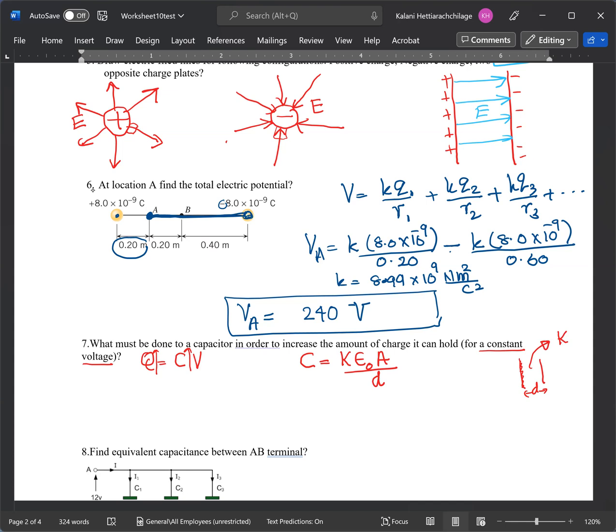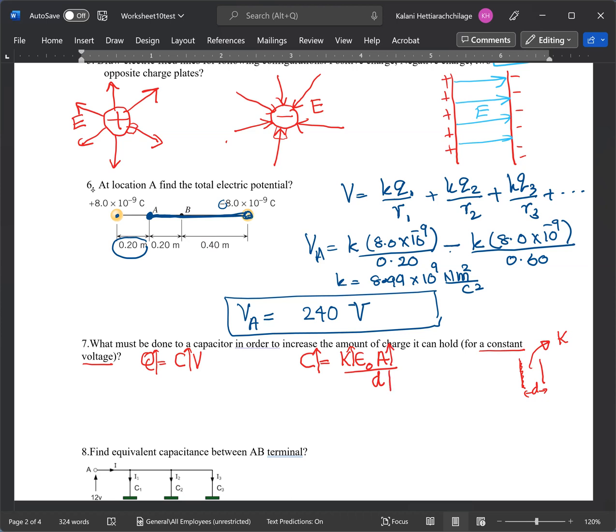Okay. So now to increase the capacitance, what should I do? Increasing C, I can definitely increase this, right? And I can definitely increase the cross-sectional area, right? Epsilon naught is a constant, you cannot change it.